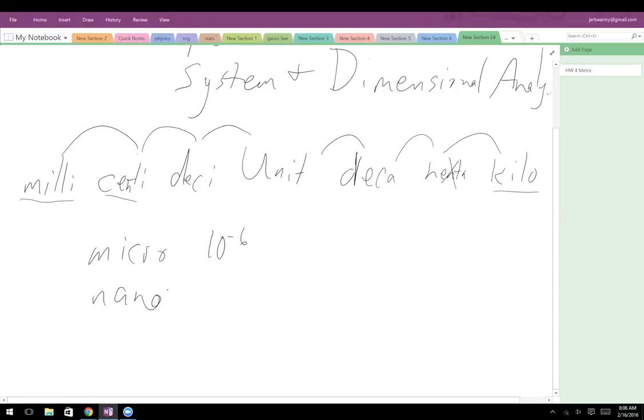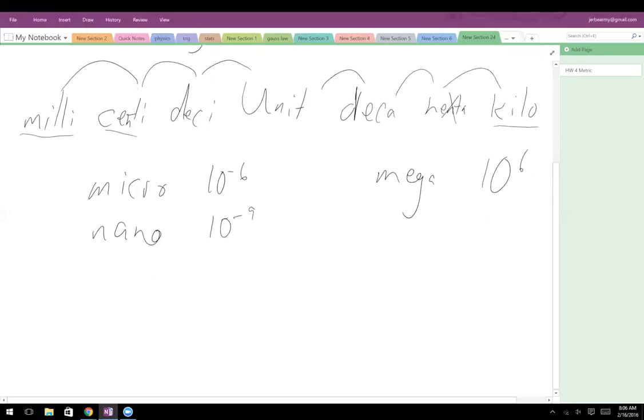There's nano, which is 9. There's also pico and femto if you keep going that way. If you go the other way, these you use because of computers. You go past kilo, you have mega. What comes after mega? Giga. Yep. Tera after giga.